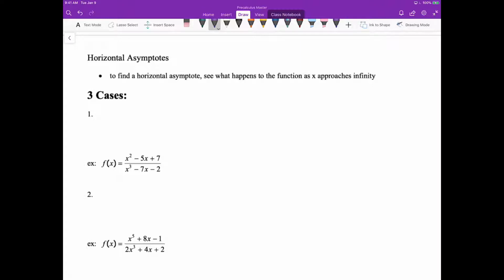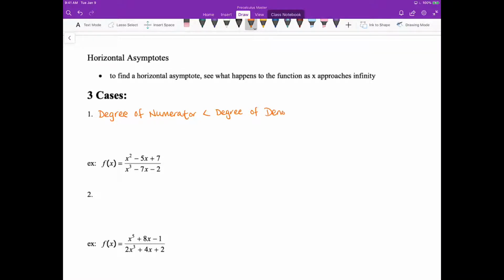There are three different cases, and the first case is when the degree of the numerator is less than the degree of the denominator.